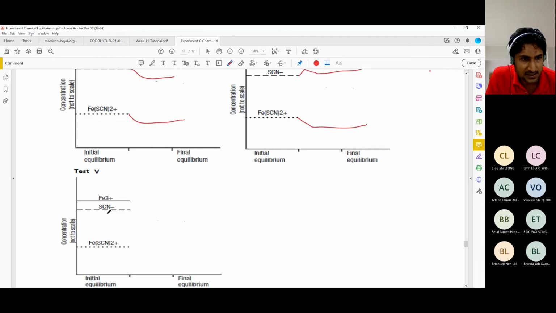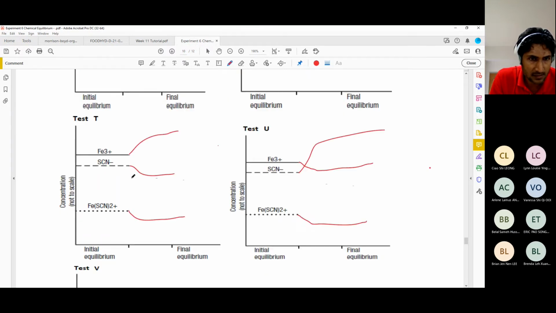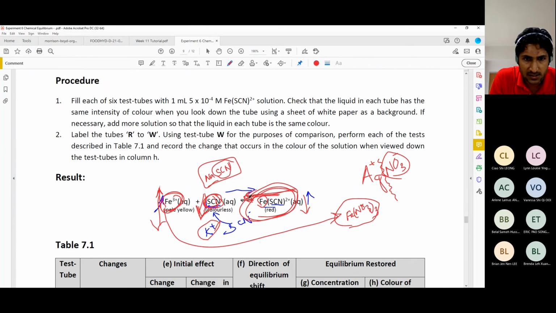And for this case, we added an equal amount of water. If we add more water, that means the volume increases. If volume is increased, then their concentration will be reduced. If the concentration is reduced, the reaction will move backward. That means here is 1 plus 1, right? Here is 1 particle of iron, 1 particle of thiocyanate, and here is only 1.